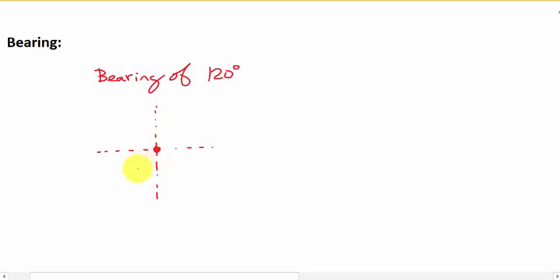If this is my starting position and my bearing is 120 degrees, I always look north, and I go clockwise. How many degrees? 120 degrees. So I go clockwise 120 degrees, which is about here. And this is the direction that I have to go. So anyways, you always start at the north line.